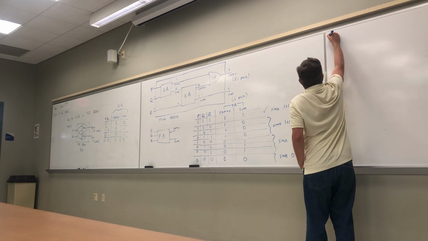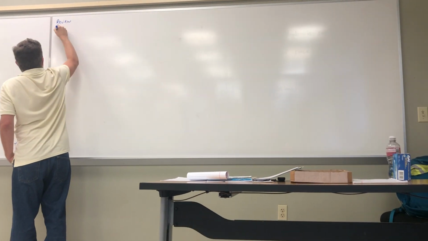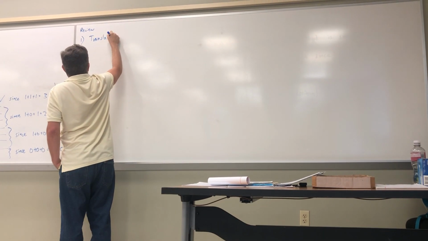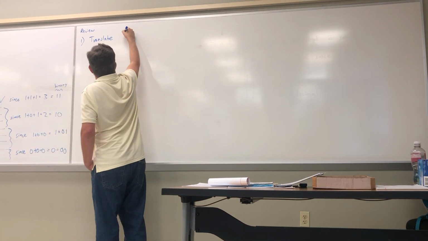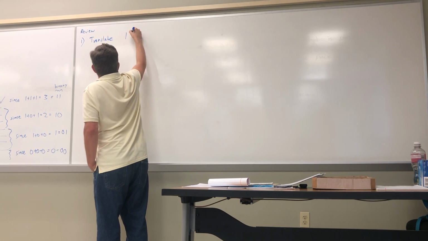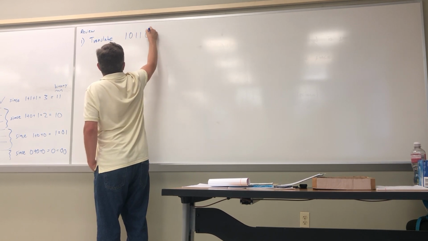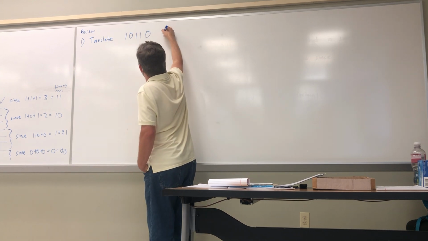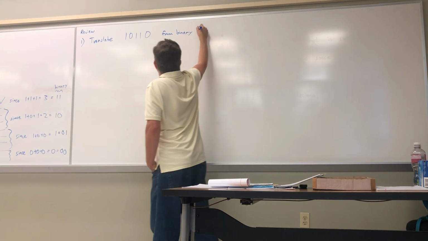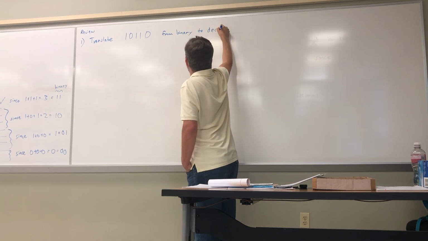So let's do, just for review, the first one, translate a binary number into a decimal. So like 1, 0, 1, 1, 0 from binary to decimal.